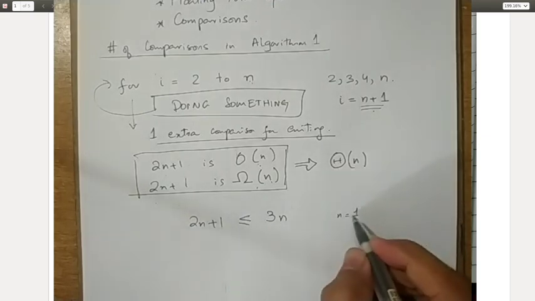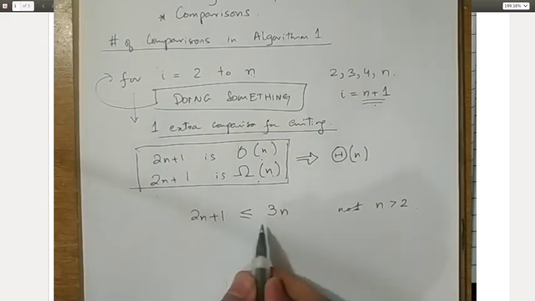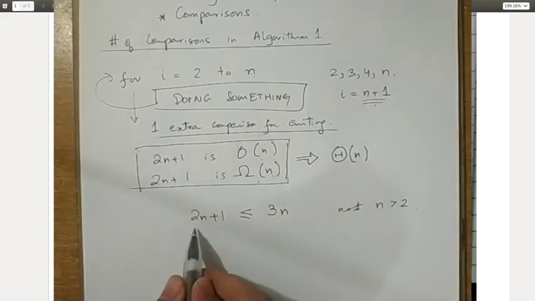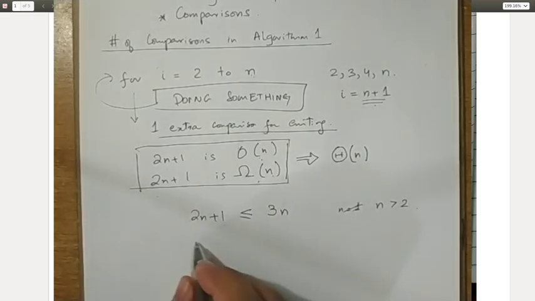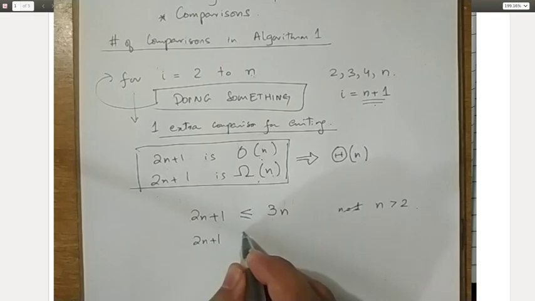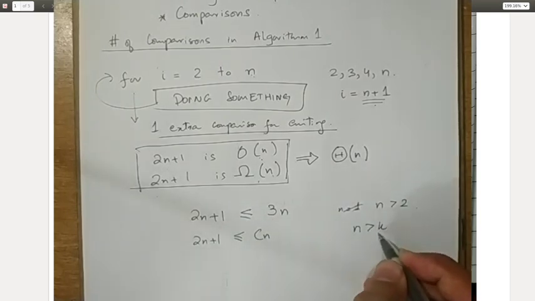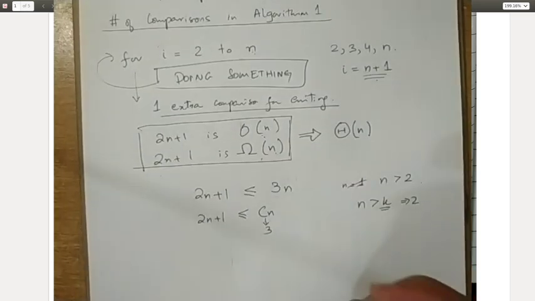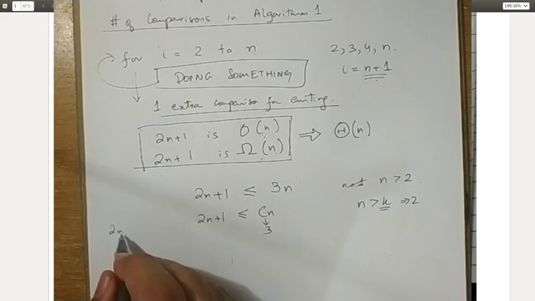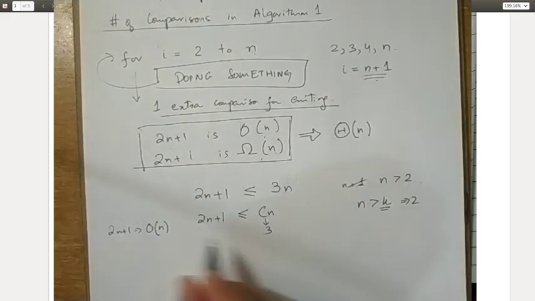And if I put n greater than 2, I will know that 2n plus 1 is less than or equal to 3n. So 2 times 2 is 4, 4 plus 1 is 5, 5 is less than 6. So I have shown that 2n plus 1 is less than or equal to c times n for n greater than k, where k is 2 and c is 3. This is to show that 2n plus 1 is big O of n.